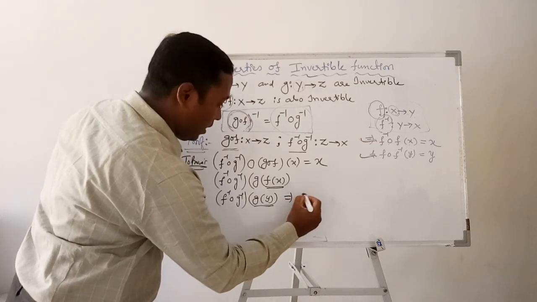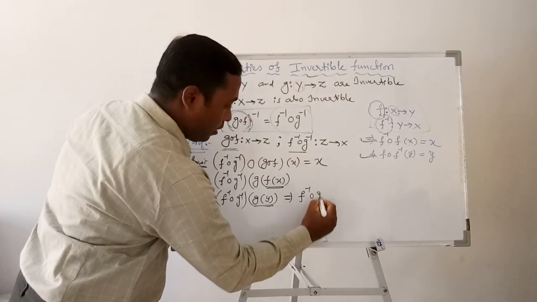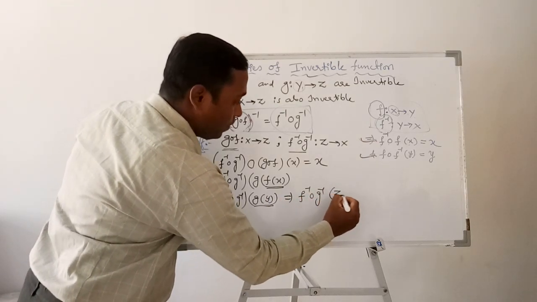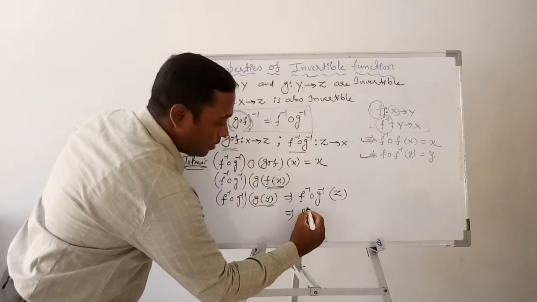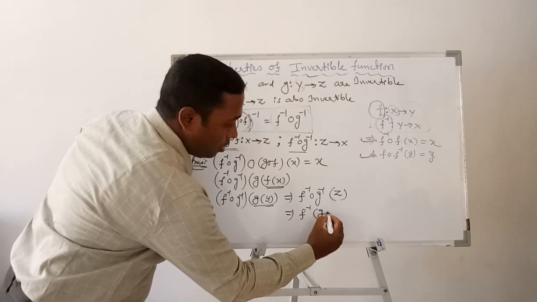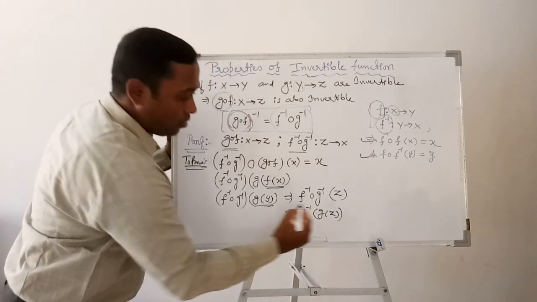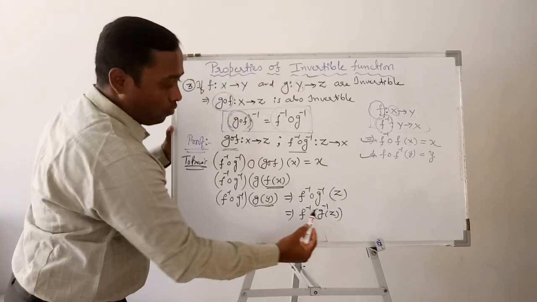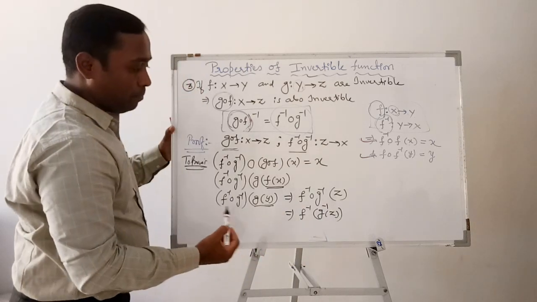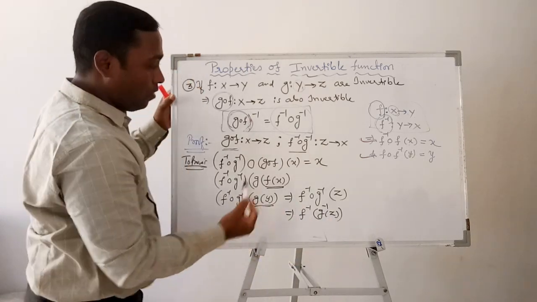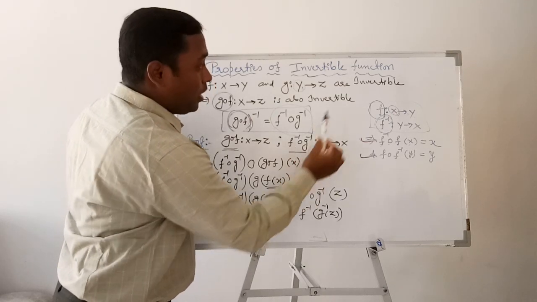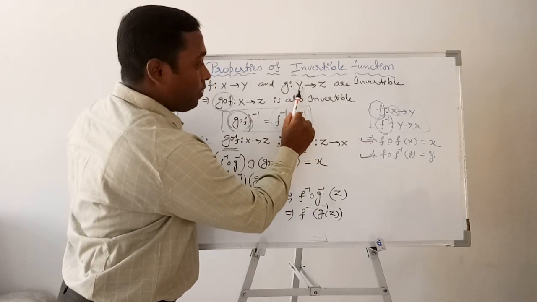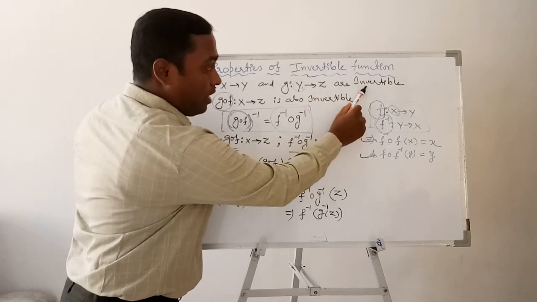So it implies that f inverse circle g inverse of z. I am repeating here, it can also be written as f inverse of g inverse of z. So what is g inverse of z? Now first coming to this function, g is a function from Y to Z which is already invertible.